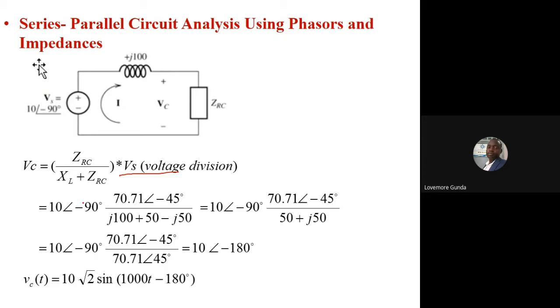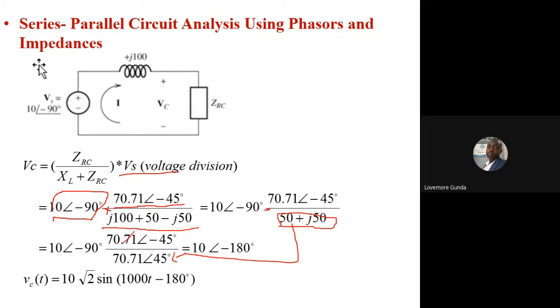So what do we get? This is our supply voltage multiplied by ZRC. We got this. Then XL plus ZRC, you are adding these two, and you are going there, right? Since you are dividing, convert this to polar, it comes to this value, then divide as usual.